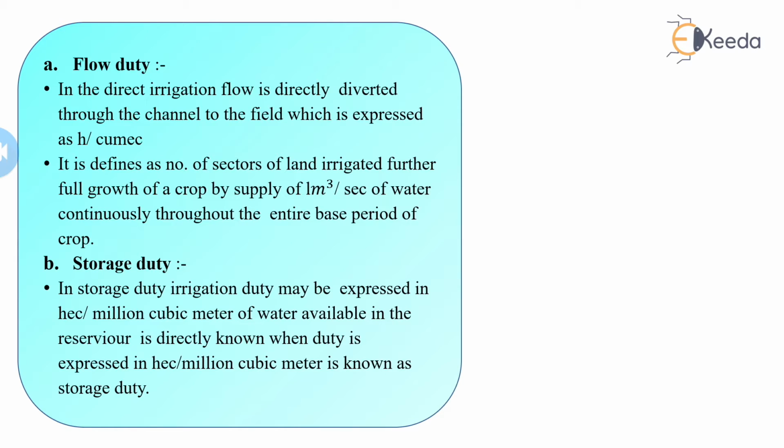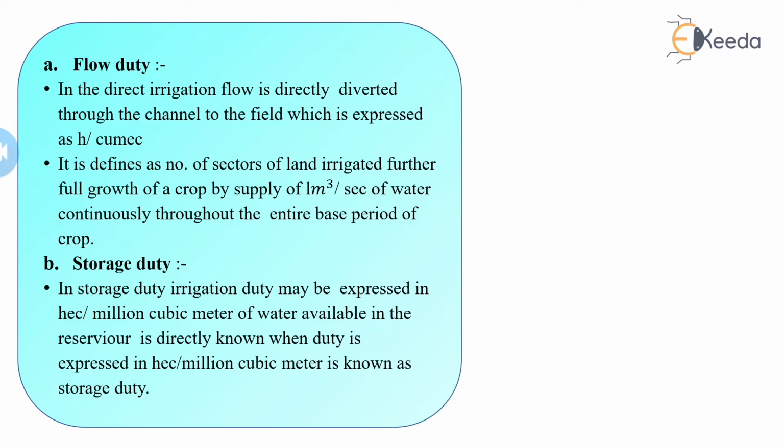If you remember, we had taken one example, where we have a 3 cubic meter per second water supply and want to irrigate 5,100 hectares of land using it. So our duty will be 5,100 divided by 3, the area of our land divided by the volume of water actually supplied.